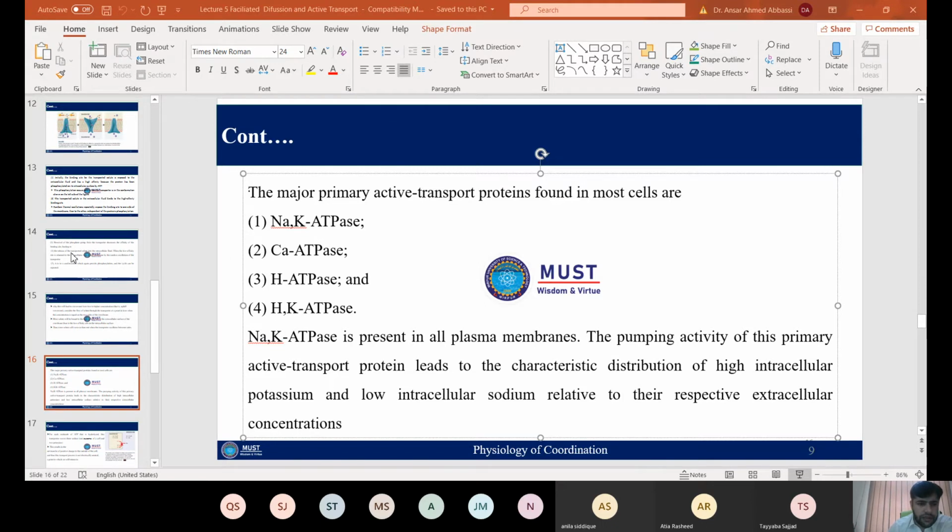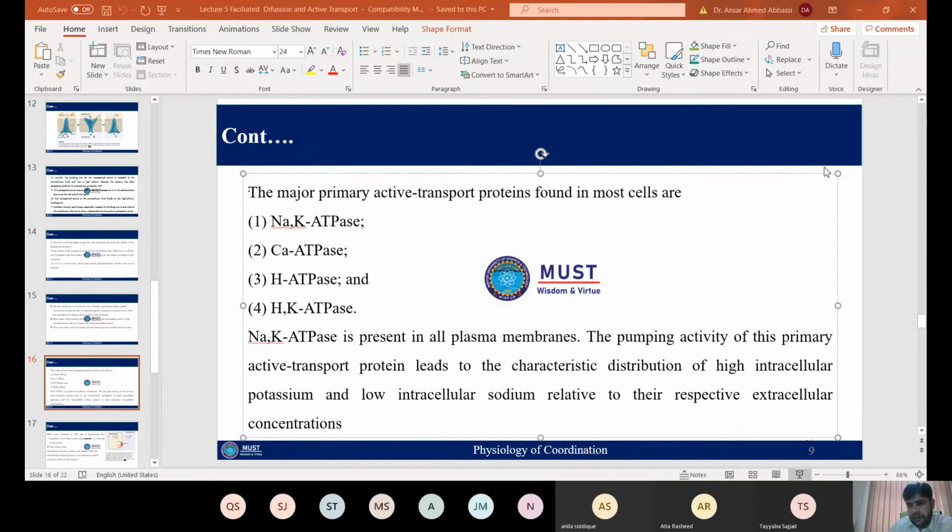So it will result in net transfer of positive charges to the outside of the cell. As 3 sodium will move, and sodium already has higher concentration on the outer side, when more sodium is being transported, the positive charges will increase on the extracellular side.